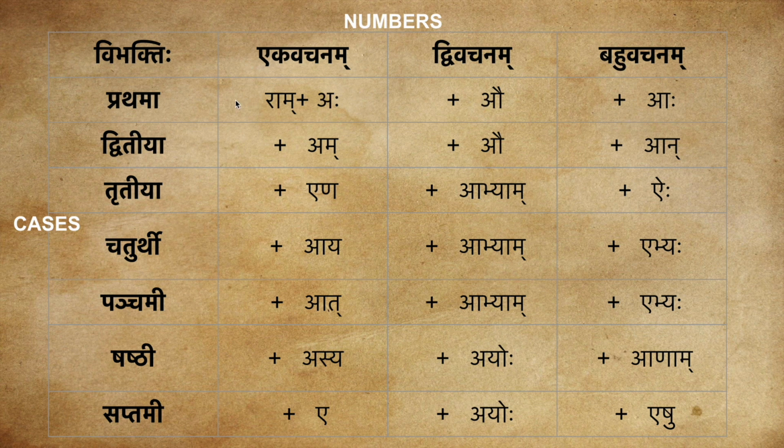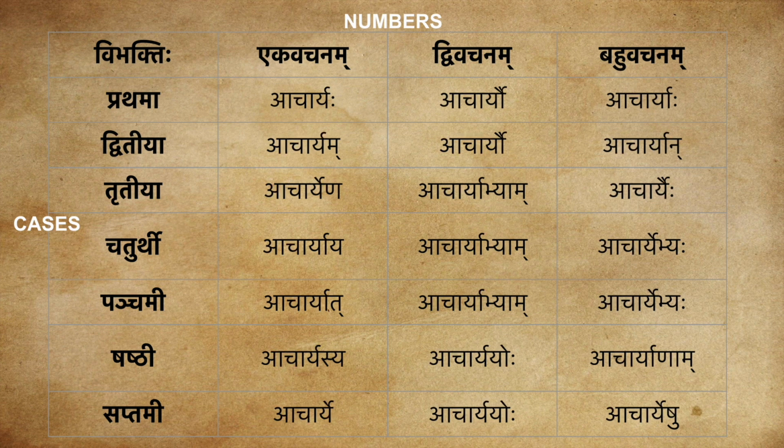You get all the Prathama Vibhaktis. Similarly, you add Au, An, Ena, Abhyam, Aihi, Aya, Abhyam, Ebhyah, and so on. Okay, so we'll just practice it with a couple of other nouns so that the pattern becomes clear.